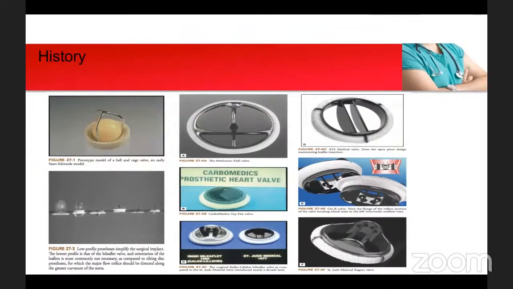Before we move to the surgical techniques of aortic valve replacement with mechanical prosthesis, it's worth mentioning some facts on the history of aortic valve mechanical prosthesis. As you can see here, this is the first aortic valve, the ball and cage generation, which was used initially in the descending aorta, in the heterotopic position, not in the orthotopic or supracoronary position.